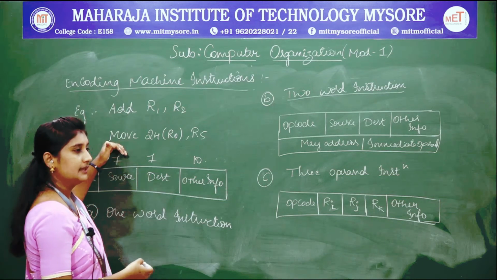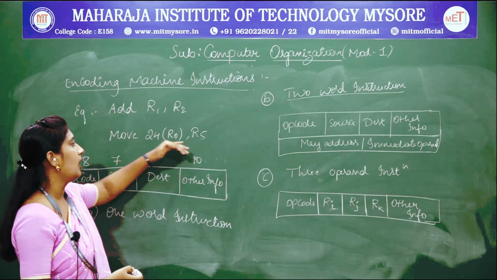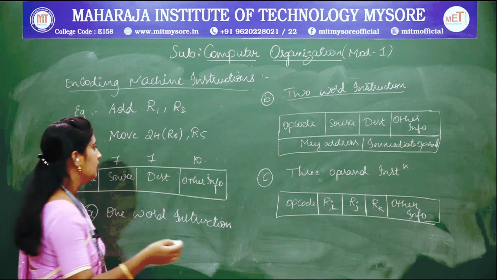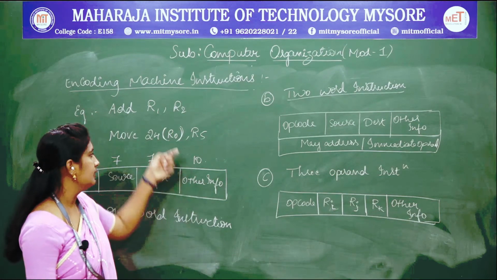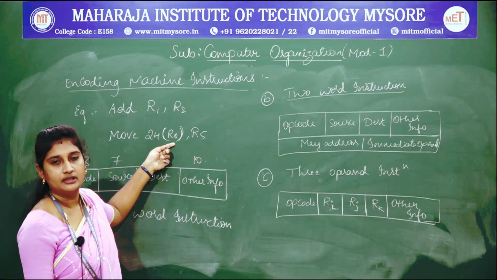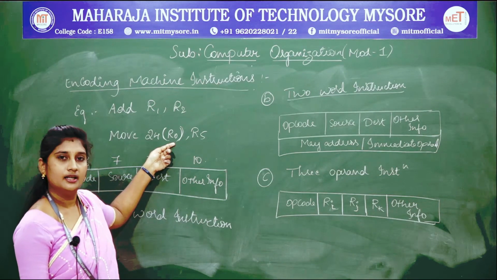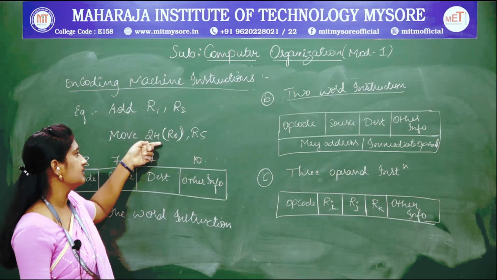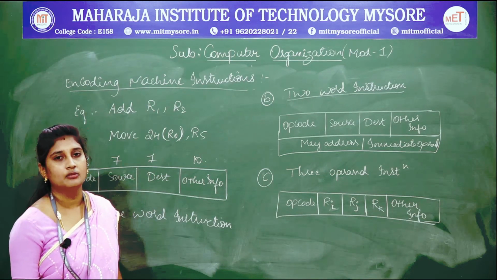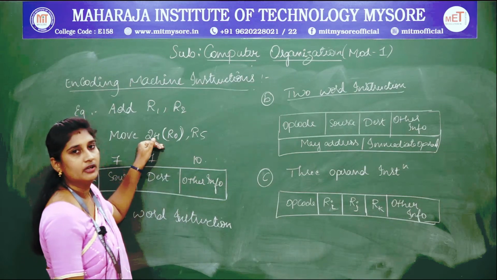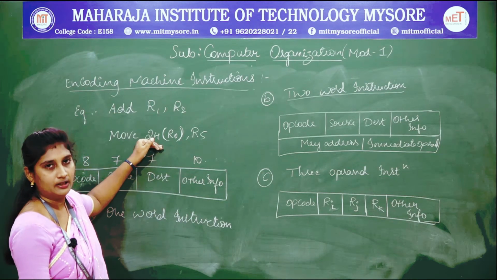Again, coming to the second example, MOVE 24(R0), R5. Which type of addressing mode is it? If the register is enclosed in brackets alone, it is understood to be indirect addressing mode. But if I specify a constant value, it is an indexed addressing mode. So here I have been given indexed addressing mode.